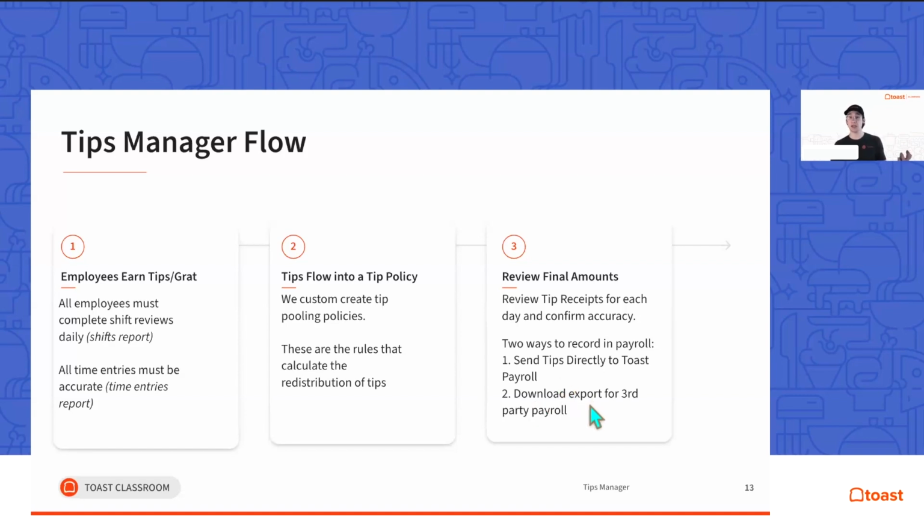And if we're not using Toast Payroll, we're going to download and export for third-party payroll providers so we can upload that to an ADP, for example. This all happens in the background automatically. The only manual part is to initiate the link to Toast Payroll and send those tips over, or download the export. Everything else happens automatically. It's going to help us save time and effort.